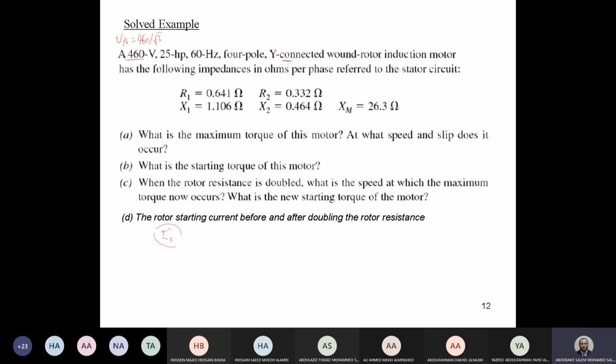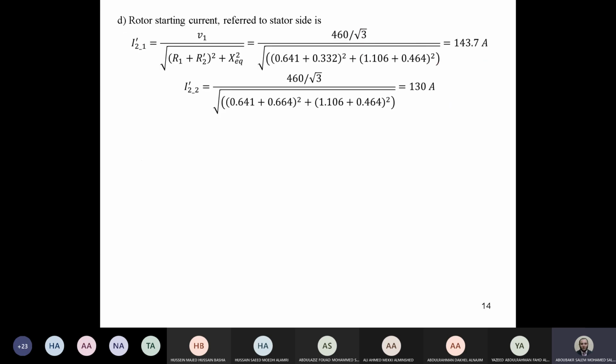Starting current can be calculated using the equation of the equivalent circuit, V over the impedance. So this is the relation of current: V over the square root of the real part of the impedance squared plus the imaginary part squared. This is going to give you the value of starting current. Take care that we added here R2 prime over S, where we make S equal 1 because it's starting.